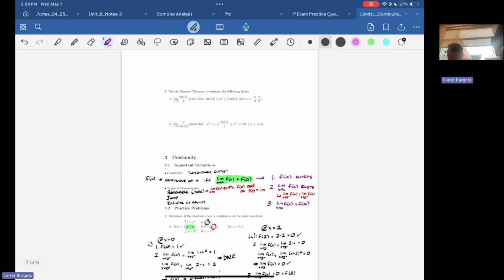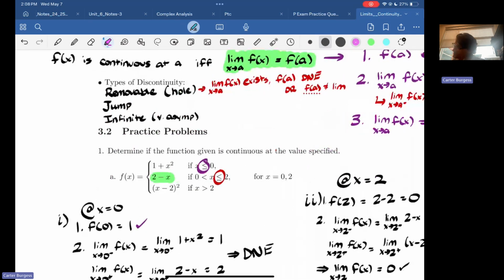And so our jump discontinuity is going to arise when the limit as x approaches a from the left is not the same as the limit as x approaches a from the right.